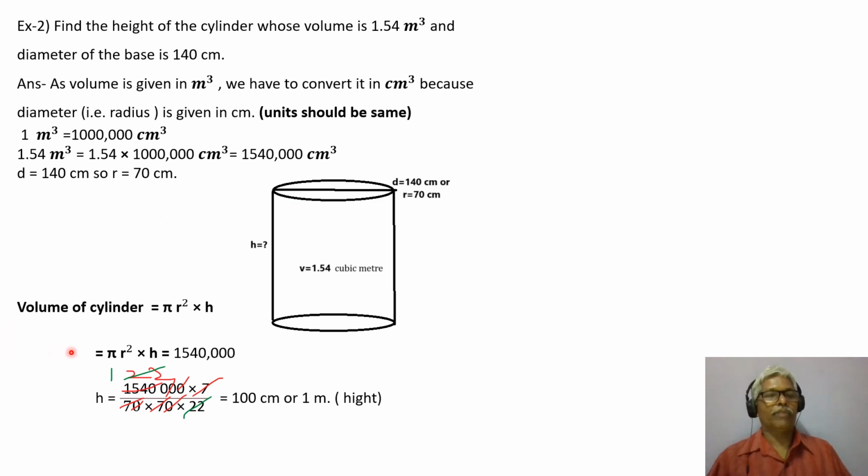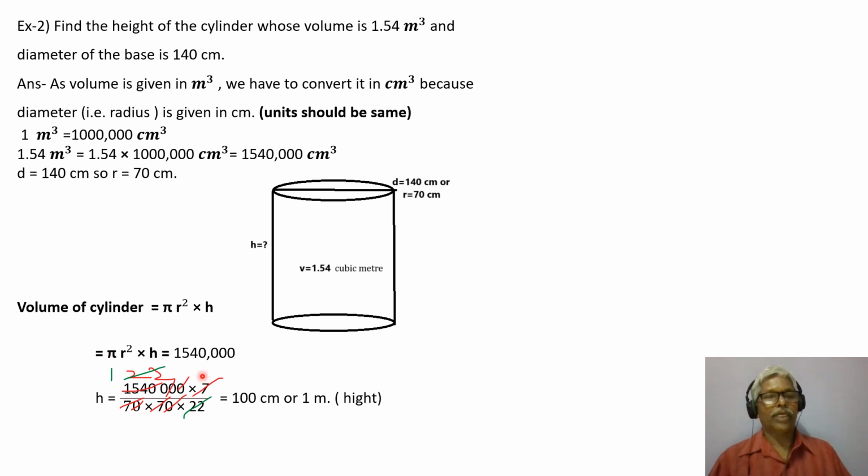Now, further part, volume of cylinder is pi r square h. You know this, it's very famous. So pi r square into h is equal to this volume in centimeter cube. So we have to find h. We are taking h on this side and converting all others to that side.